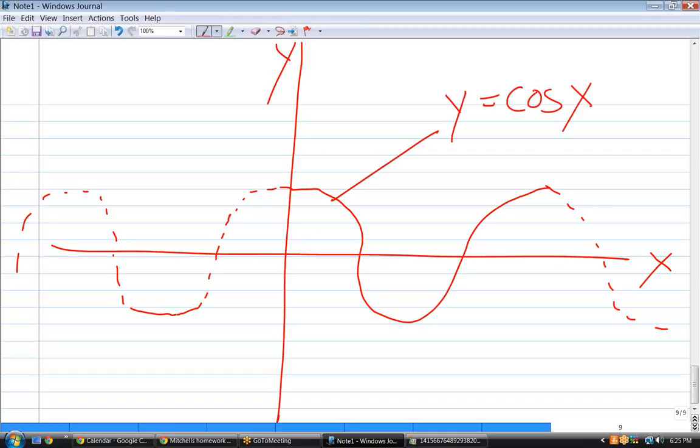No. Is there any symmetry? Yeah. About which axis? The y-axis. Okay, that's the same kind of symmetry as you get from a parabola. And a parabola is y equals x squared, so is a parabola even or odd? Even. So if you have symmetry about the y-axis, you have an even function.